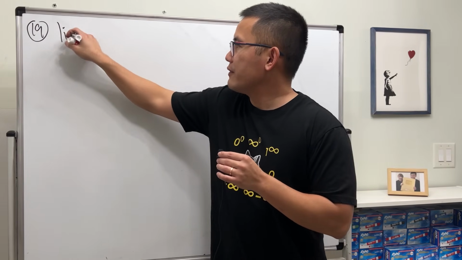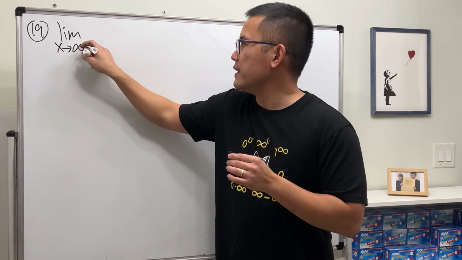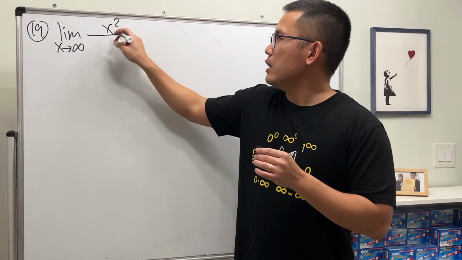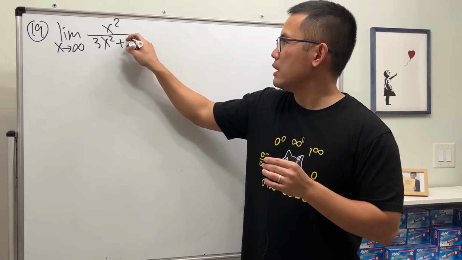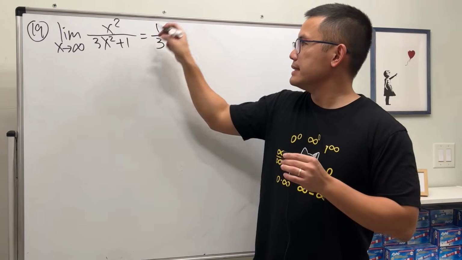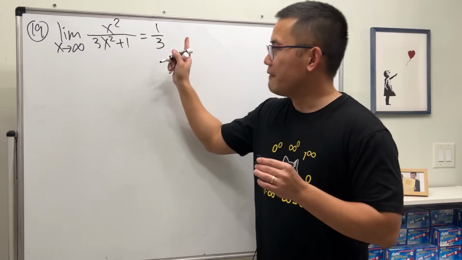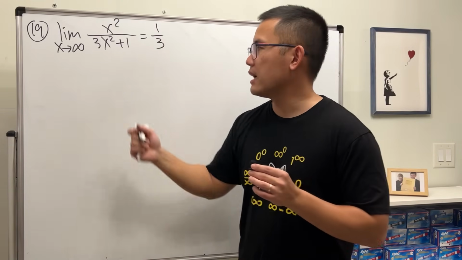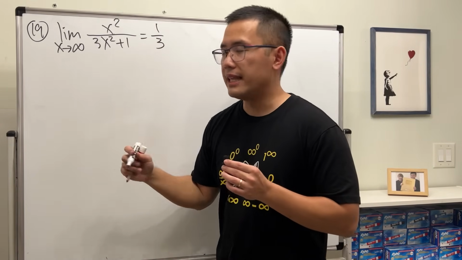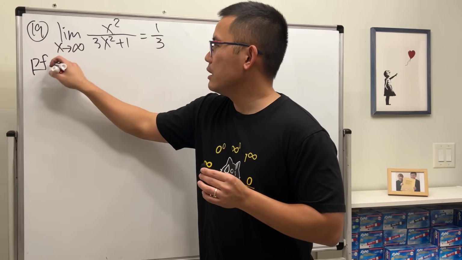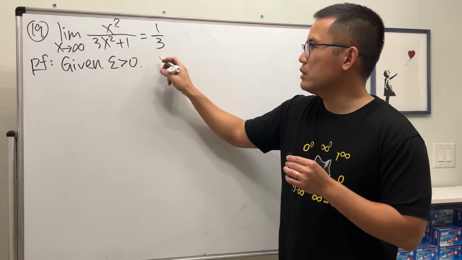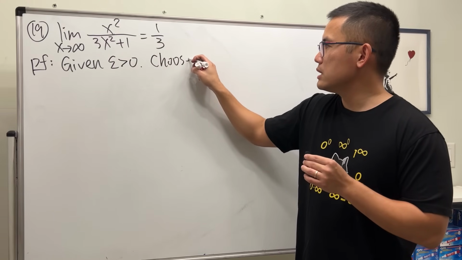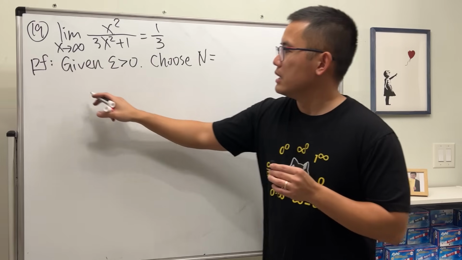Here we have the limit as x approaching infinity, x squared over 3x squared plus 1. That's 1/3. Finite, so we use epsilon. X is approaching infinity, use n. So here, proof: given epsilon greater than 0, choose n to be something.